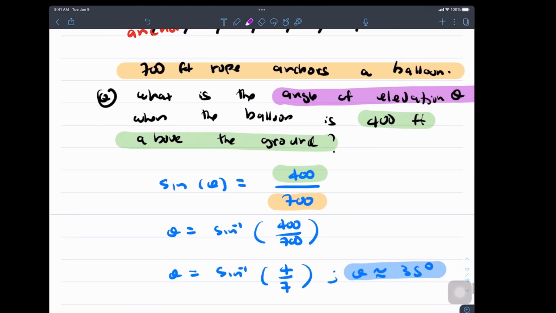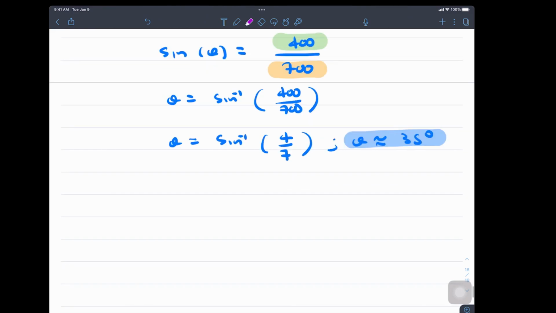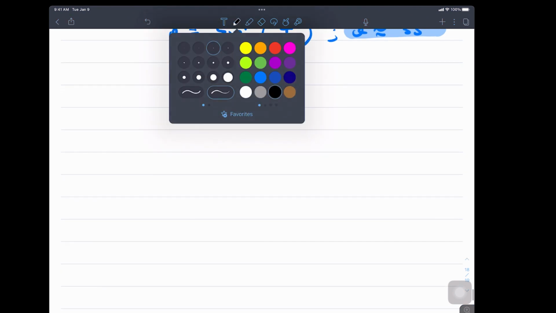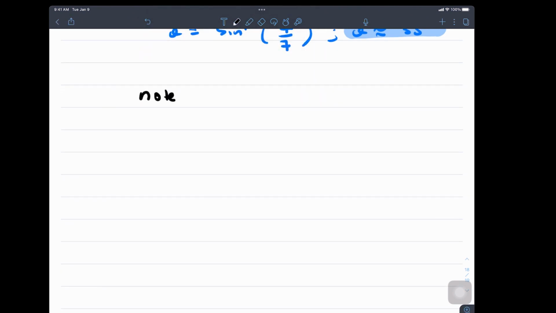So, you know, they ask that kind of question, and then sometimes they're just going to say this. Let's note. They'll say, express theta as a function of the height h.